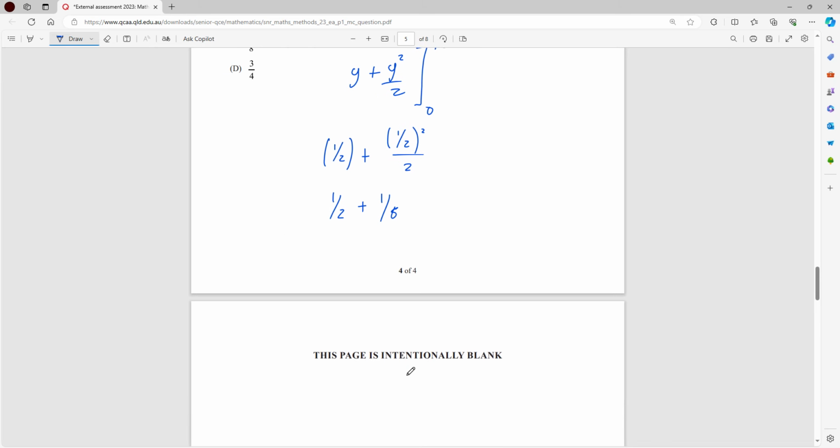Then we want to simplify it using fractions. We change the half to 4 on 8, so they have common denominators, plus 1 on 8, and that gives you 5 on 8. Okay, and you can see the correct answer would be C.